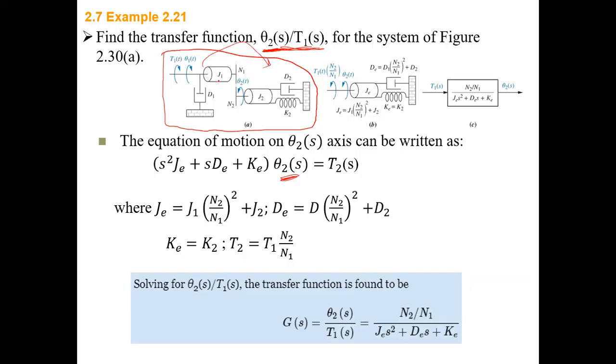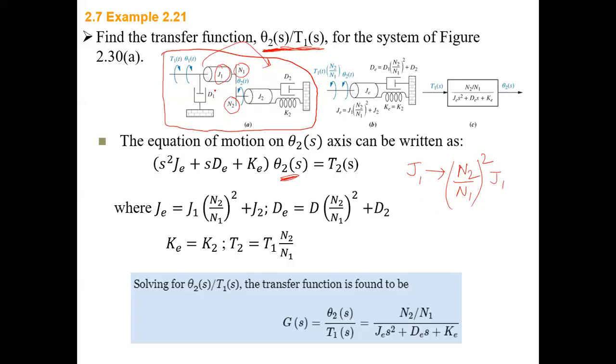So how do you translate this J1 to the right? How do you translate J1? Help me here. Destination over source, what is the destination? Destination is N2. This is N1, right? So N2 over N1 squared times J1. That's how it transfers to the right.